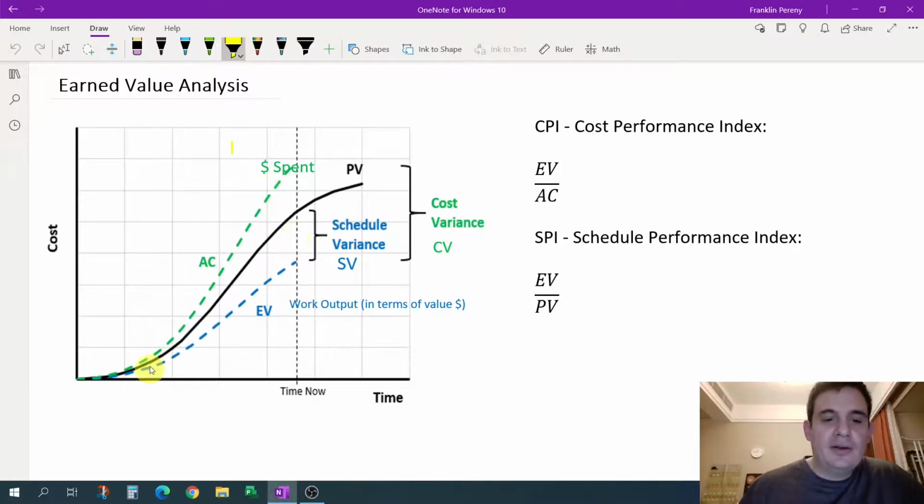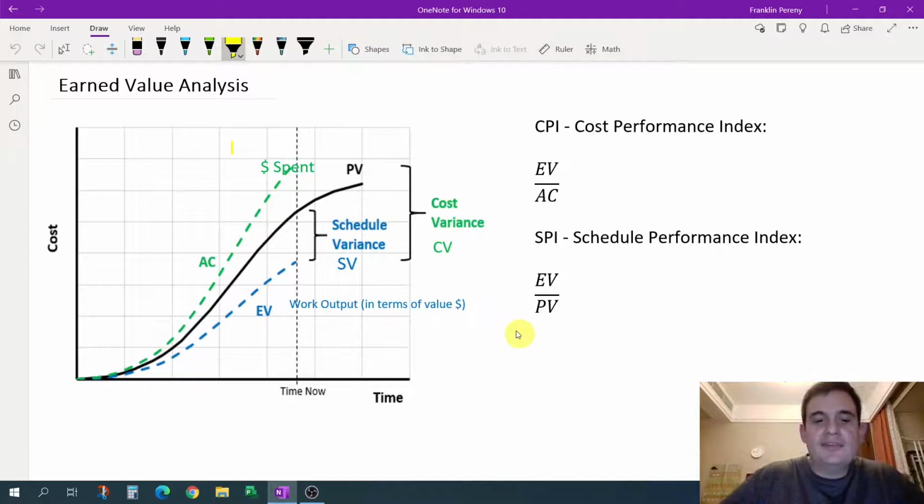So we've talked about what the 3 lines mean. Now let's talk about schedule variance and cost variance. So if you're studying for the PMP exam, you may have been asked to memorize a bunch of formulas, and remember SV equals PV minus EV and cost variance, right? But let's think about what schedule variance really means.